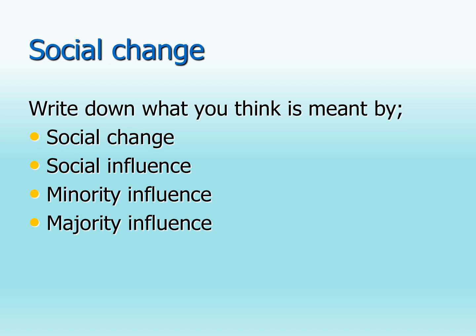Majority influence is often known as conformity. It's that pressure, that most people feel this way, and therefore there's pressure on you to conform. Whereas social change is what we're going to be looking at today, and this is a societal change. This isn't just one or two people, this isn't just for that situation, this isn't just for internalisation, this is a societal change. So that's what we're going to have a look at.